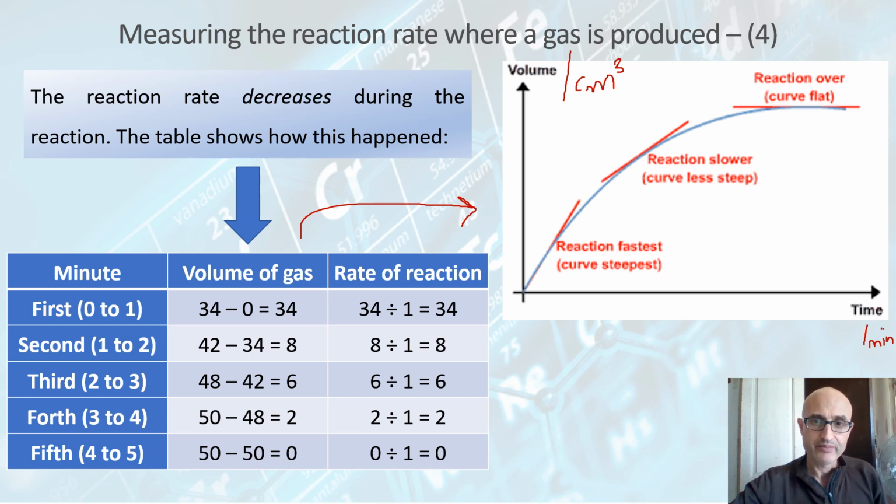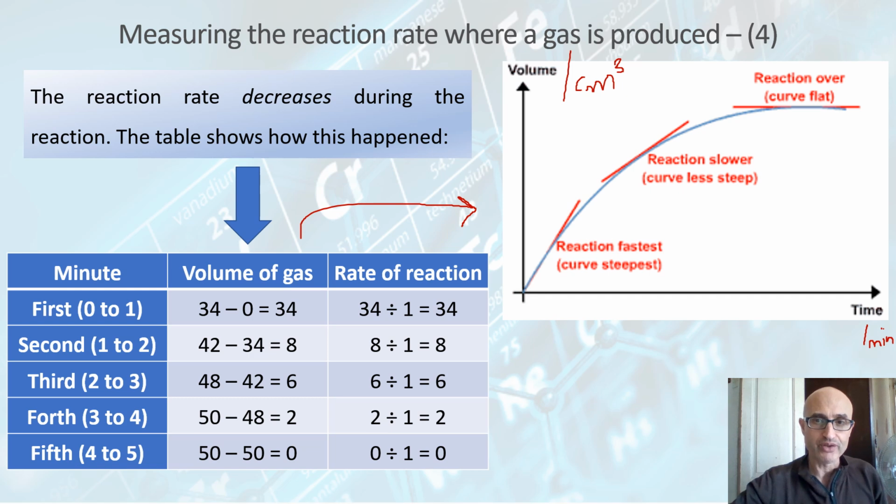Initially, the reaction is fastest because there are many reactant particles. So the reaction progresses faster because there are many more collisions. Collisions are far more frequent, and as we said in the previous presentation, one of the factors affecting the rate of reaction is the collision frequency.